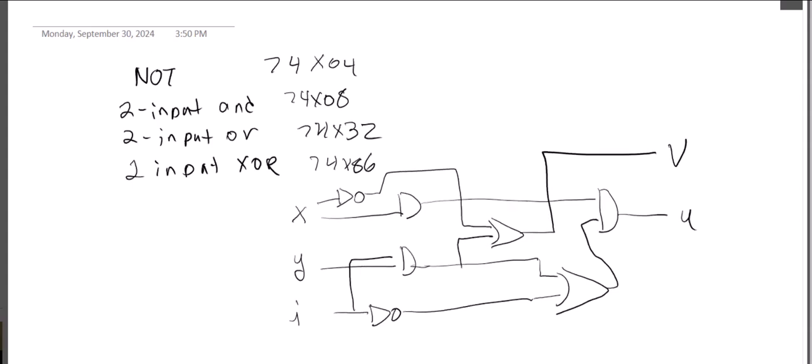It's just some random things. So you would draw that, and then the next thing that you have to do is identify what chips you have, which we did, and give them numbers. I'll call them 1, 2, 3, 4. My NOT gate is chip 1, so everything that's a NOT gate, I'm going to write a 1 on it. So I'll put a 1 here and a 1 here. My AND gate is 2, so I'll put 2's on my AND gates.